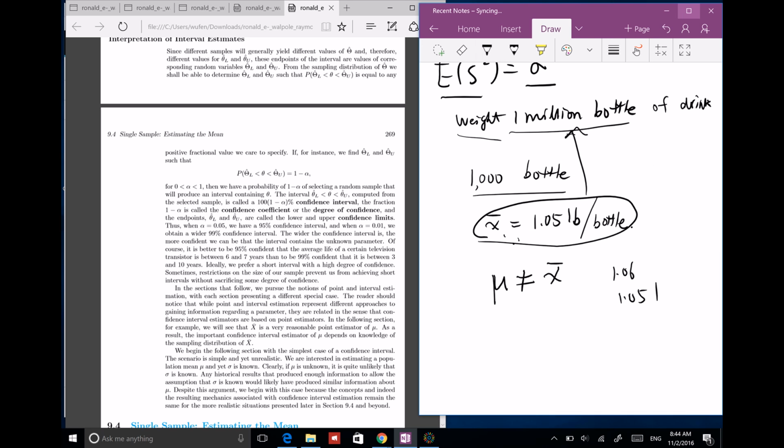So most likely, they are not exactly the same thing. So we use a sampling mean value to make an interval. We might make an interval plus something or minus something.